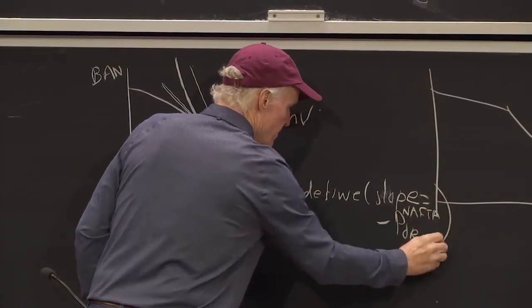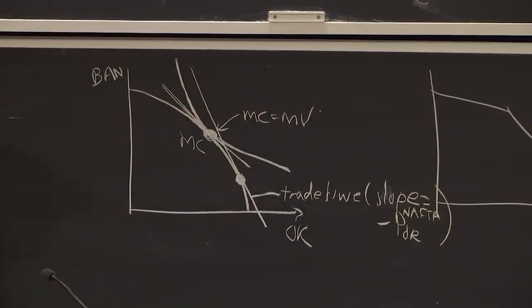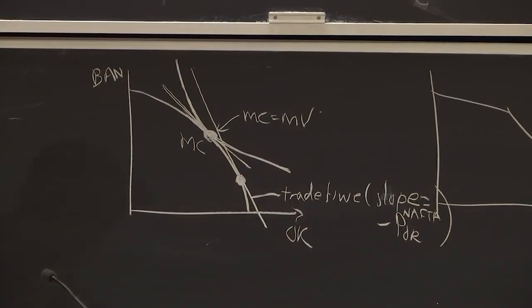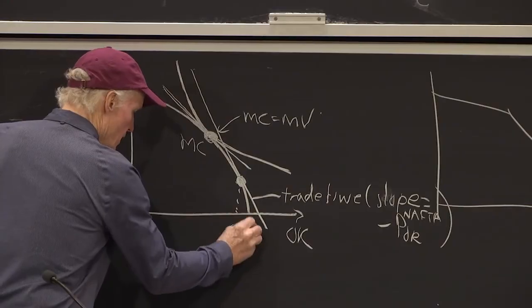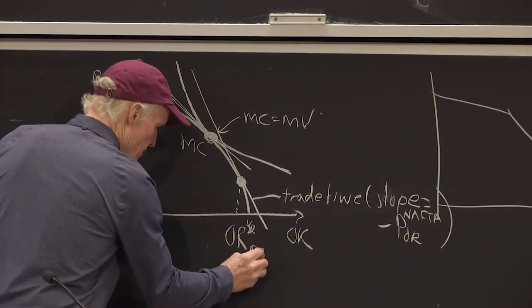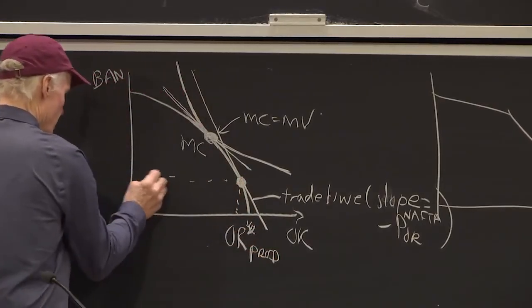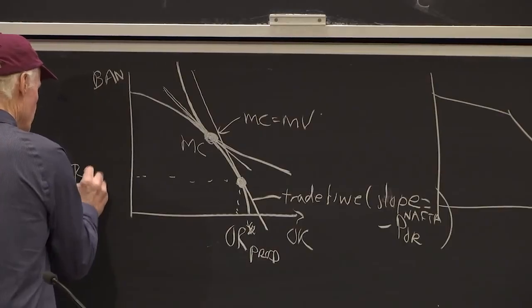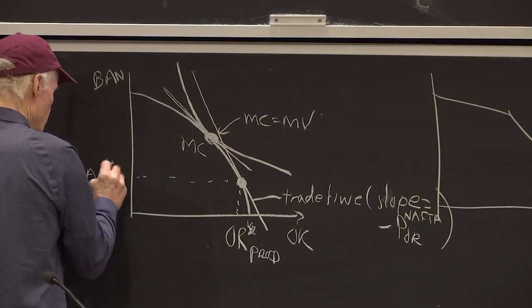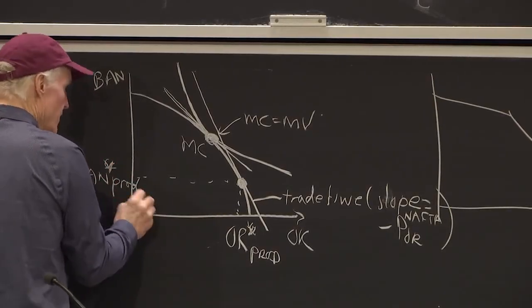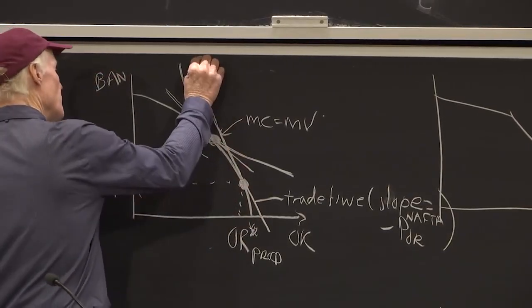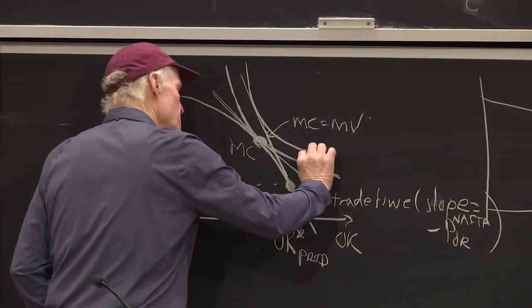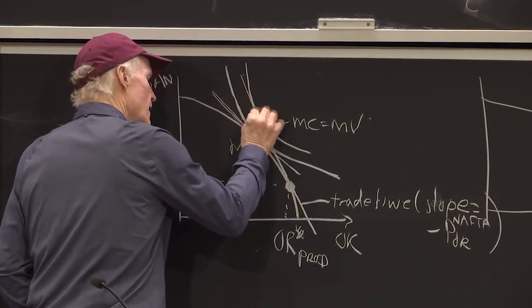That's the price of oranges. He would produce here, orange star production, banana star production, and then he would trade with other people in NAFTA to get to a higher indifference curve up here: orange star consumption, banana star consumption.